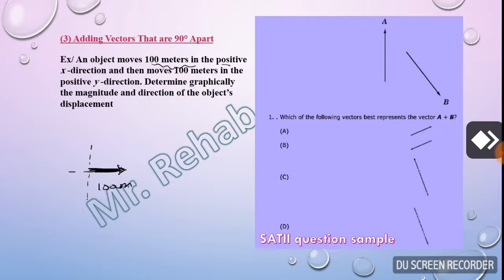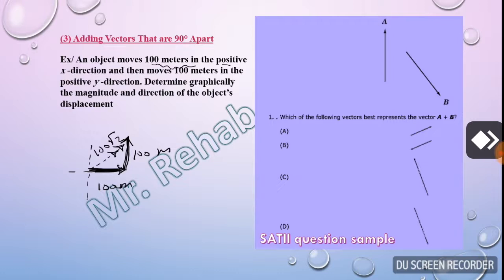And then moves 100 meters in the positive y direction, 100 meters. Okay, determine graphically the magnitude and the direction. So the resultant will be 100 square root of 2.